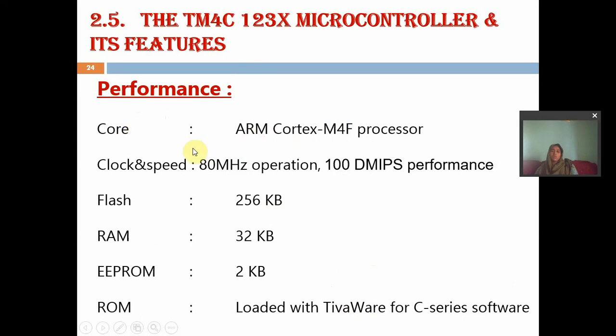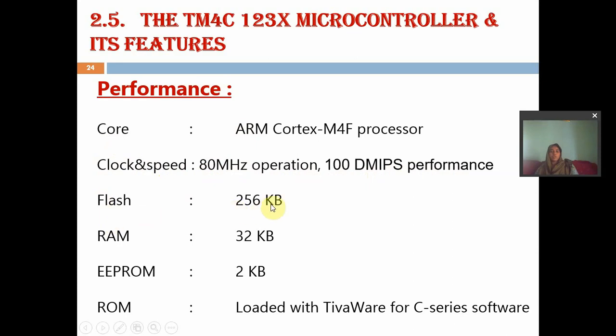The core we are using is the ARM Cortex M4F processor, and very important, the clock and speed. The clock is 80 MHz operation and 100 DMIPS performance, 100 million instructions per second is the speed of this microcontroller.